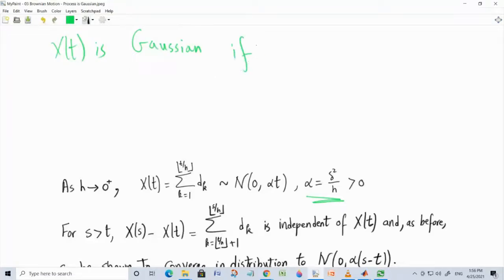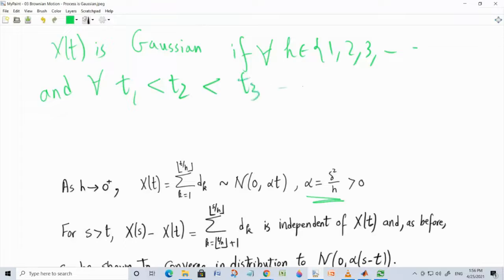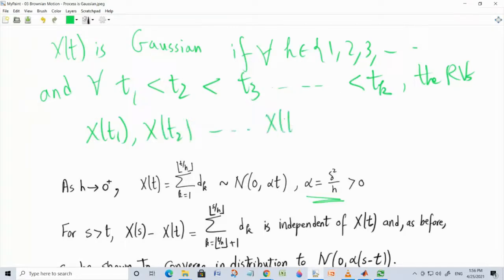if for every k equal to 1, 2, 3, 4, and for every t1 less than t2 less than t3 less than tk, the random variables x of t1, x of t2, up to x of tk are jointly Gaussian.